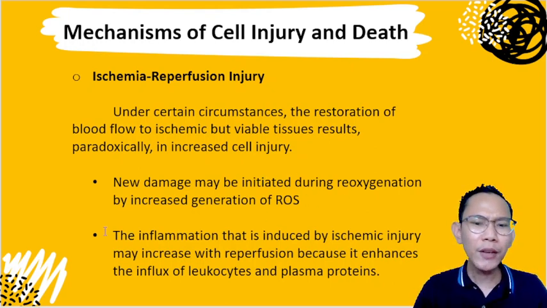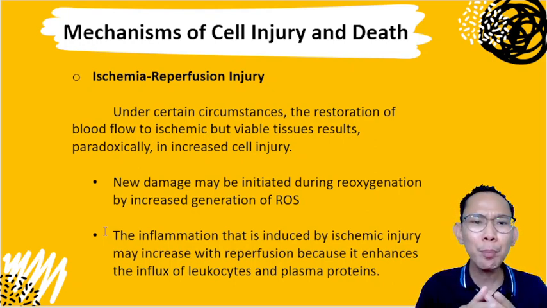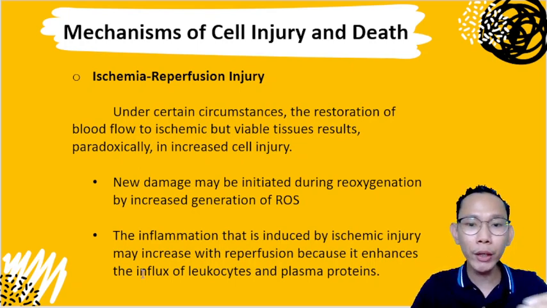Next, the inflammation that is induced by your ischemic injury may increase with reperfusion because it enhances the influx of your leukocyte and plasma protein. So ito yung pinaka-importanting mechanism kung bakit ischemia-reperfusion causes injury. Kasi, number 1, pag tinanggal mo yung block or bumalik na yung blood flow, ano nangyayari?